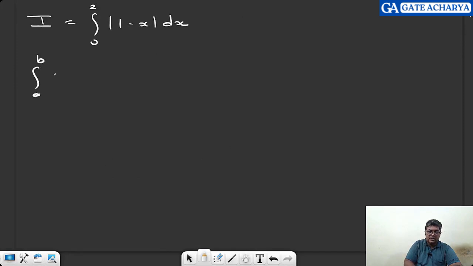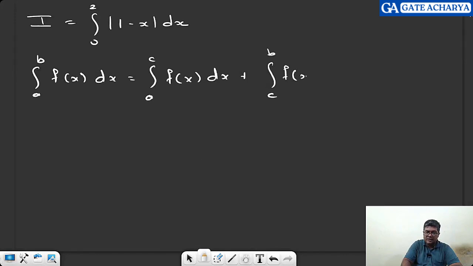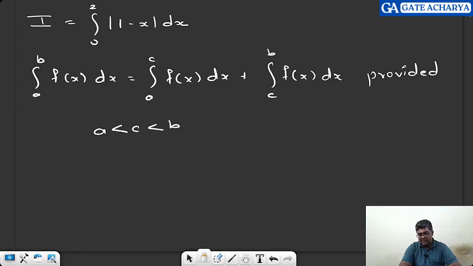Integration from a to b of f of x dx is equal to integration from a to c of f of x dx, that is, the integration can be split within the limits, plus integration from c to b of f of x dx, provided c is lying between a and b. If c is a value lying between a and b, I can split the integration like this. That's what I'm trying to do here.